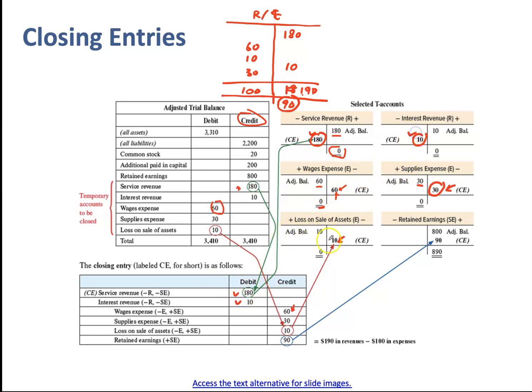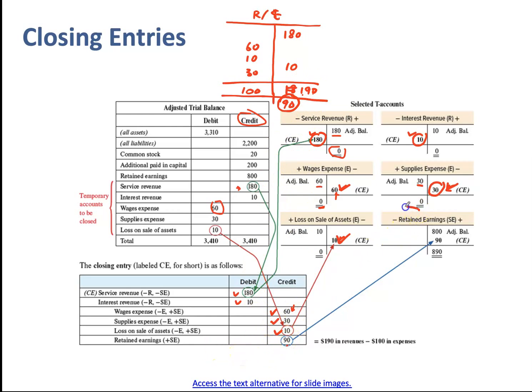We credit wage expense 60. Credit supplies expense 30. And then credit loss on the sale of assets 10. The net effect shown here is 90. So we have 90 in the retained earnings that should be included.